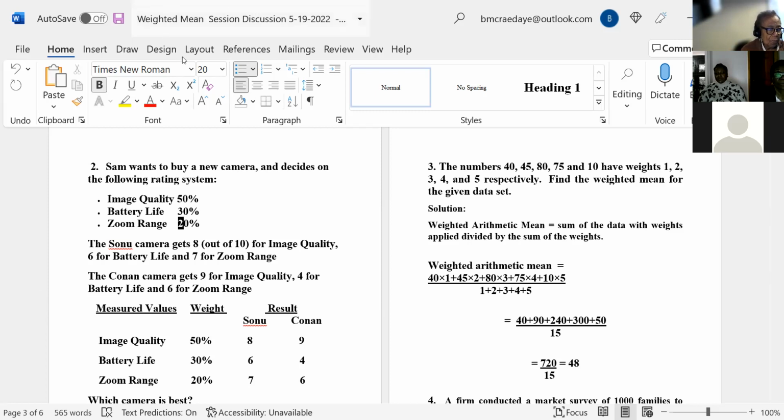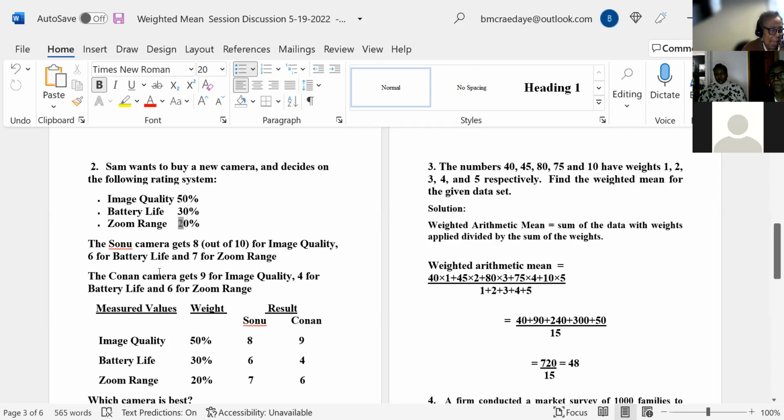Now, he's trying to decide which camera to buy. The Sony camera gets 8 for image quality, 6 for the battery life, 7 for the zoom range.